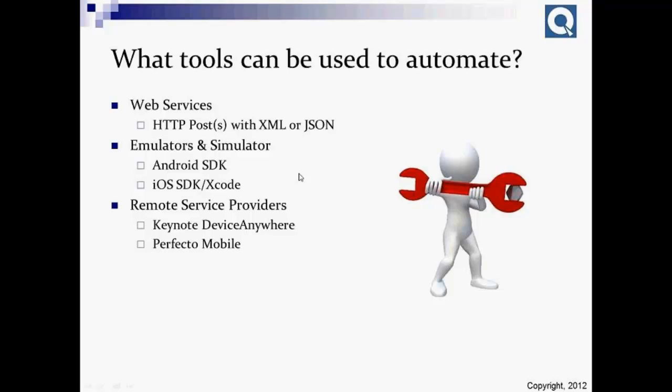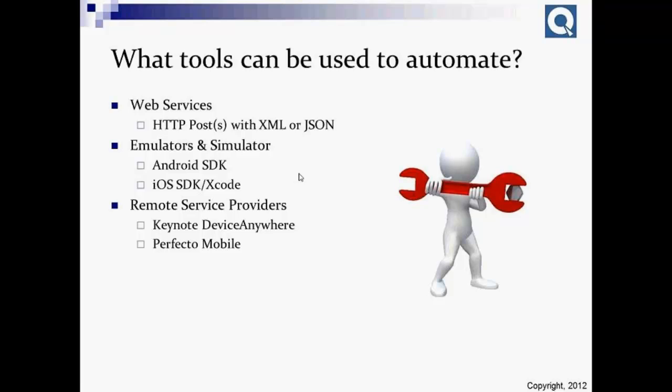There are some remote service providers. Two big examples are Keynote Device Anywhere and Perfecto Mobile. They're really interesting because what they've developed is basically a data center that hosts a variety of different devices, hundreds, maybe thousands of devices.